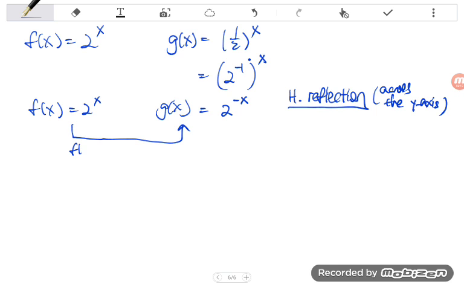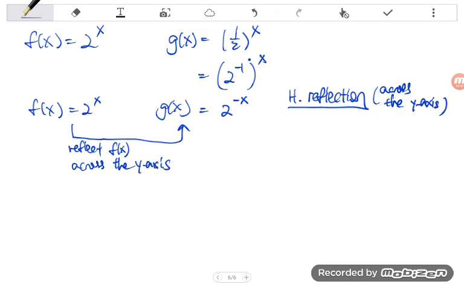The better word will be, we will reflect the graph of f of x across the y-axis. And then if we do that, we can get the graph of g of x.